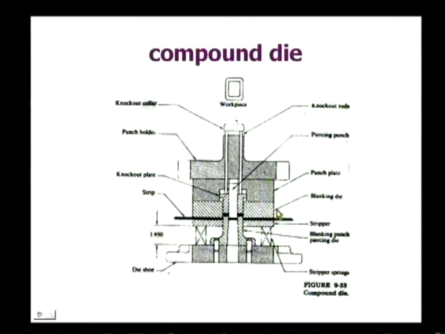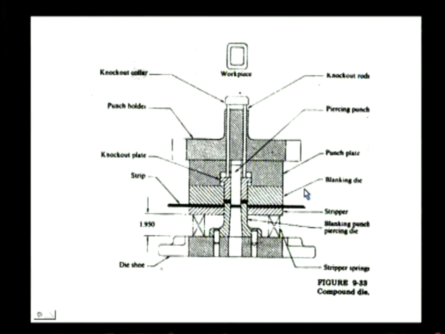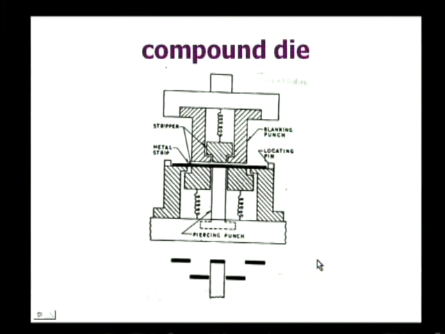Strippers can also be seen here. It is enlarged here, you can see. Now, compound die, another diagram of the compound die can be shown.